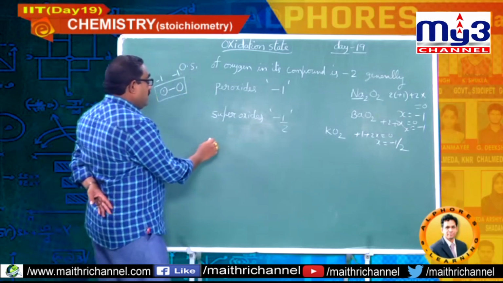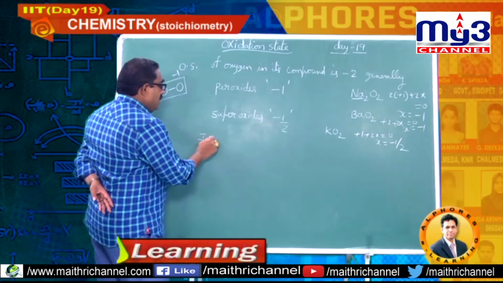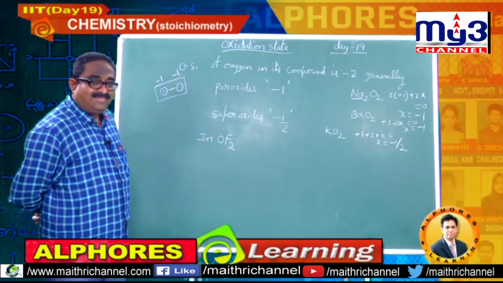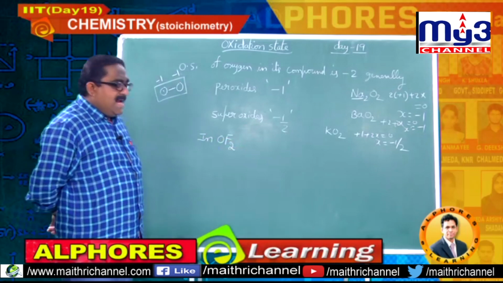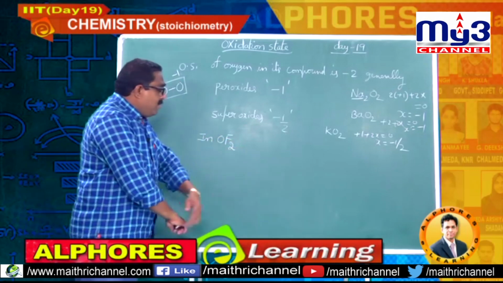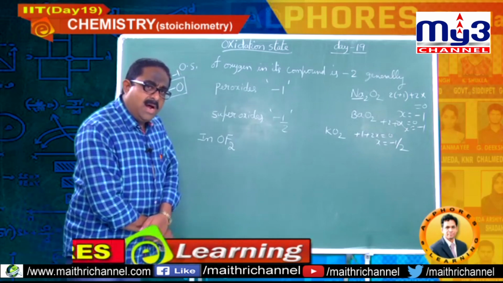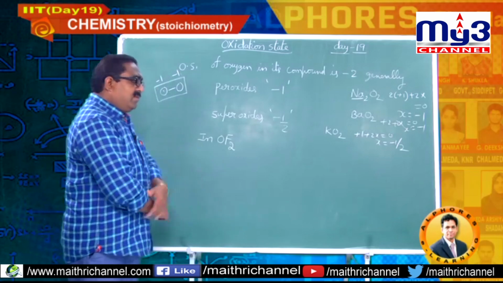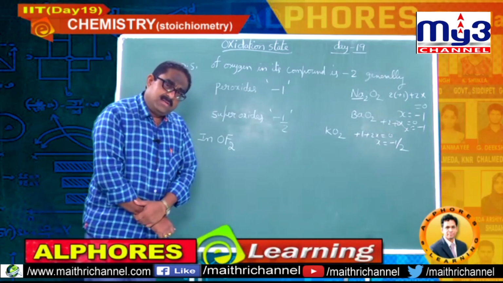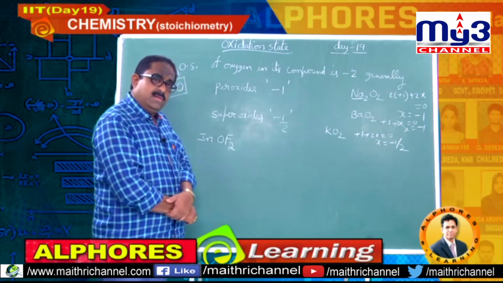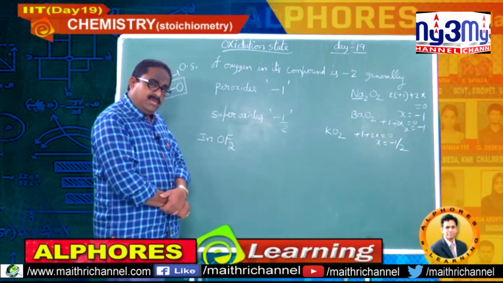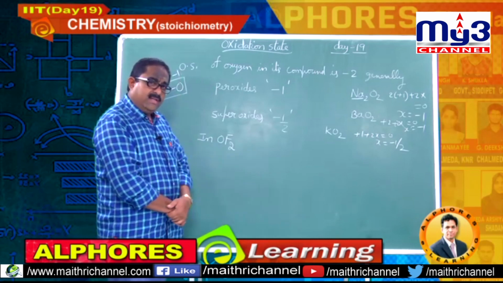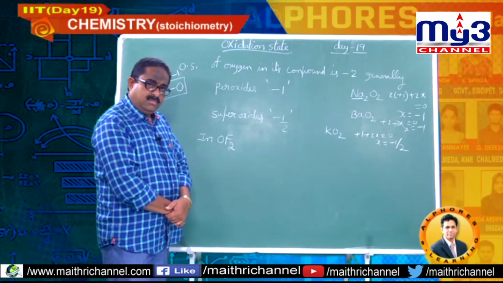Next, the compound oxygen difluoride, OF2. This compound contains oxygen and fluorine. In the previous session we discussed the oxidation state of fluorine in all its compounds: it exhibits only one oxidation state, minus 1, and there is no other.